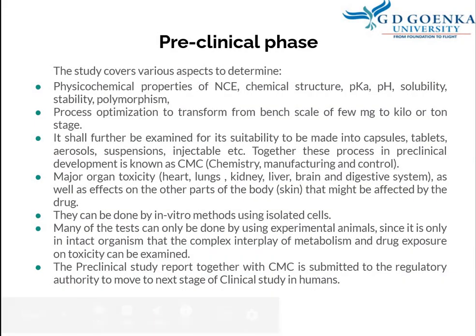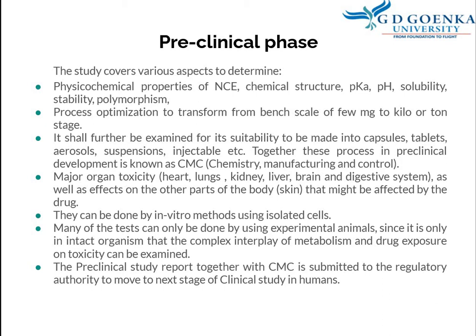The preclinical stage covers various aspects to determine physicochemical properties of new chemical entities, their chemical structure, pKa, pH, solubility, stability, and polymorphism. The preclinical phase also includes process optimization to transform from a bench scale of a few milligrams in the lab to kilo or ton scale in the commercial stage.